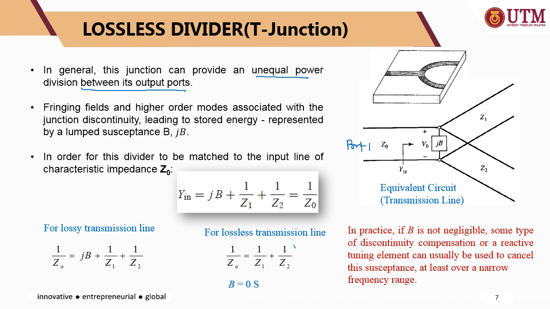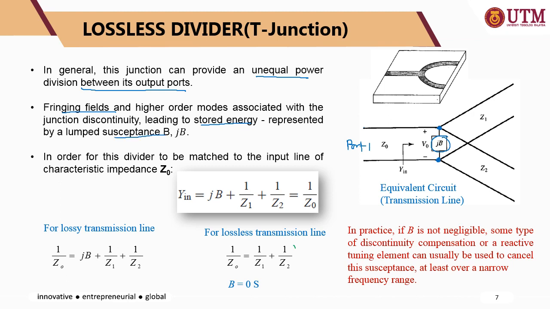When there's a discontinuity on the transmission line, it will introduce fringing fields at the edge of the discontinuity structure, and this will lead to stored energy, which can be estimated by a lumped susceptance given by jB.